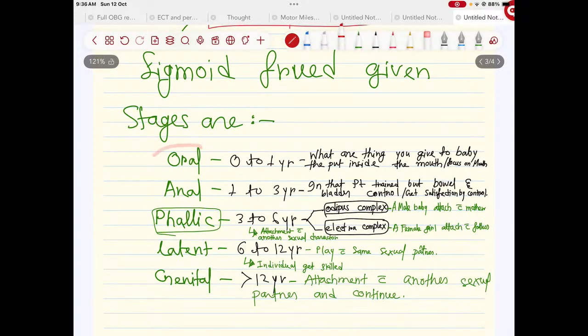So this is the oral stage, anal stage, phallic stage, latent stage and genital stage. So which one is the most important? The phallic stage you need to know, because in the phallic stage the Oedipus complex and the Electra complex are seen. Okay.